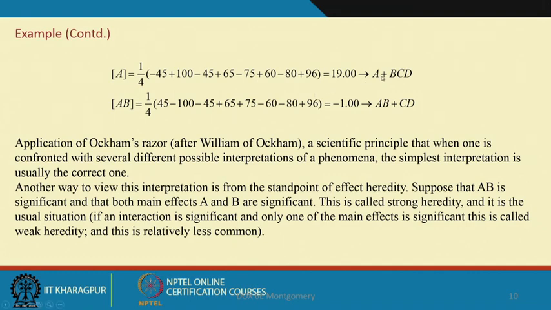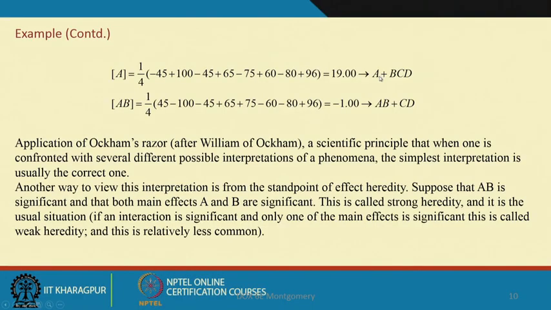Suppose here we are saying A and BCD together, the effect is 19. Now, again the sparsity principle says that the higher order interaction effects will be negligible compared to the lower order interactions. So, it is quite obvious that A effect is significant, as A plus BCD effect is significantly large, 19.